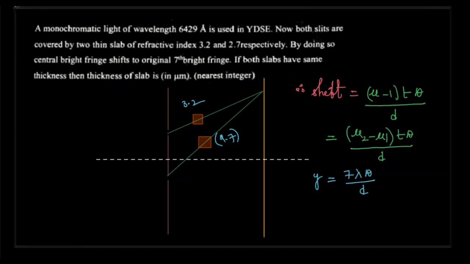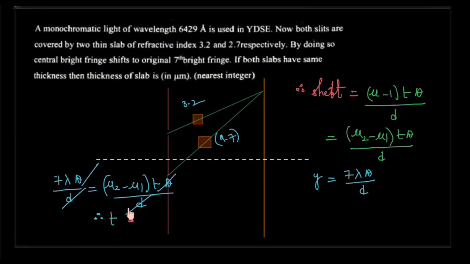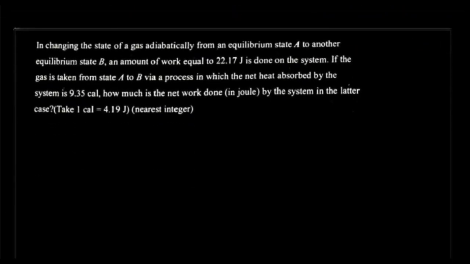So if I equate these two, 7 lambda D by d will be equal to (mu 2 minus mu 1) into t into D by d. So this D and d get cancelled. You could find this lambda value already here, therefore you can easily find the t value. So do the calculation. The video is already lengthy, so please do the calculation, right?